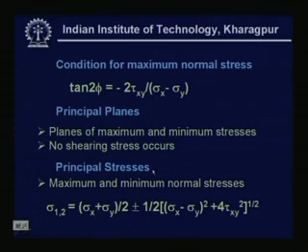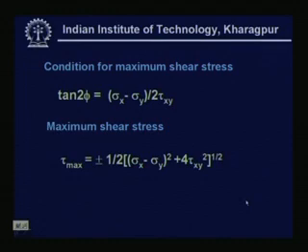What are the principal planes? Where you have the maximum and minimum stresses and no shearing stress, and the corresponding values of the principal stresses are given by this expression. In a similar manner, the condition for maximum shear stress is tan 2 phi equals this, and the corresponding maximum shear stress is this tau max.